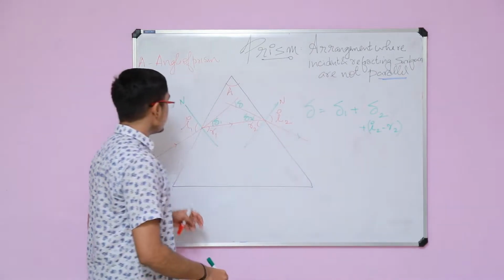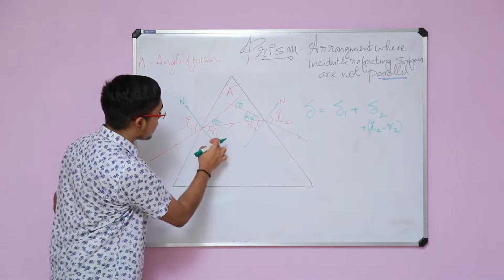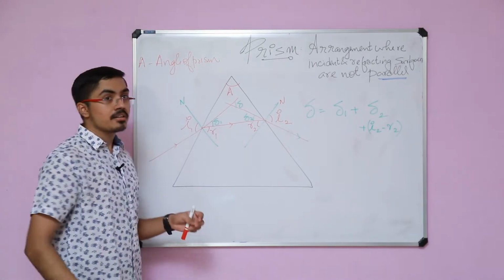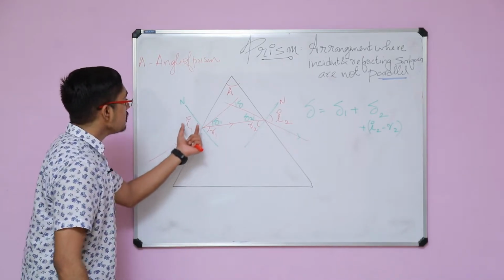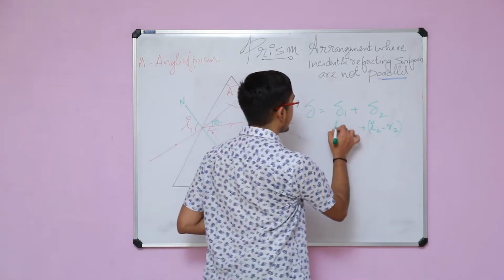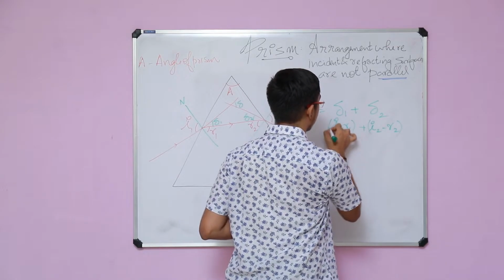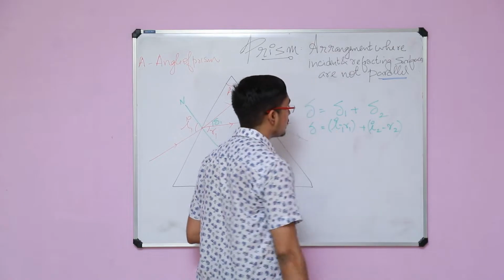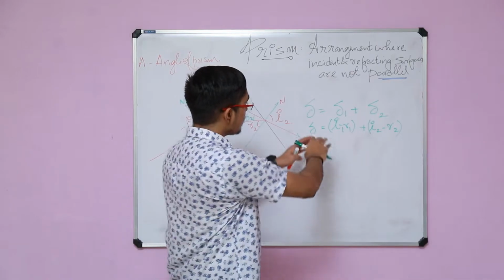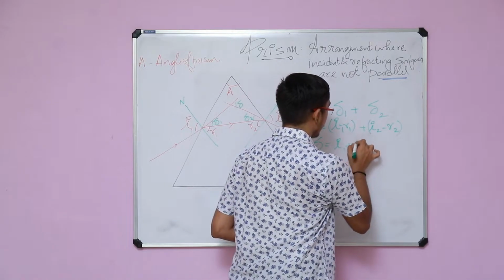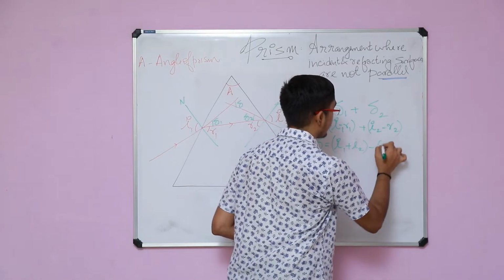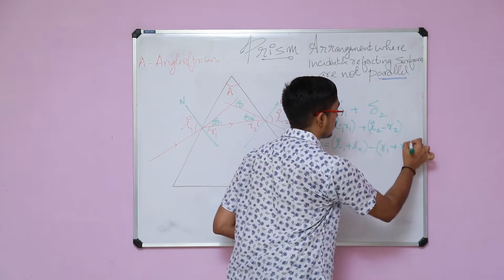In place of delta 1, I1 and delta 1 plus R1, this big angle and I1 are vertically opposite. So delta 1 is equal to I1 minus R1. So that is I1 minus R1, right? I am just rearranging this. Delta is equal to I1 plus I2 minus (R1 plus R2), right?